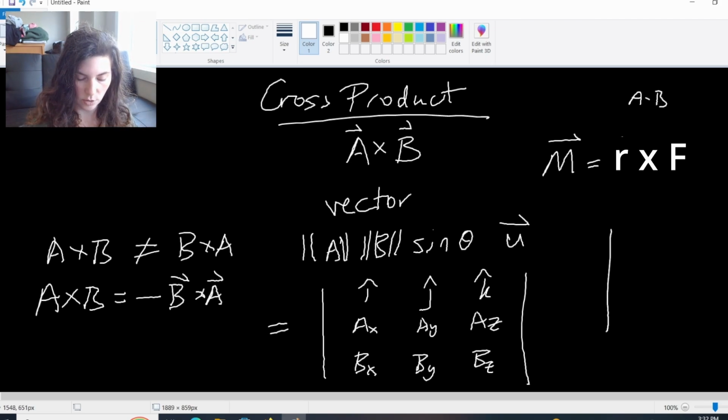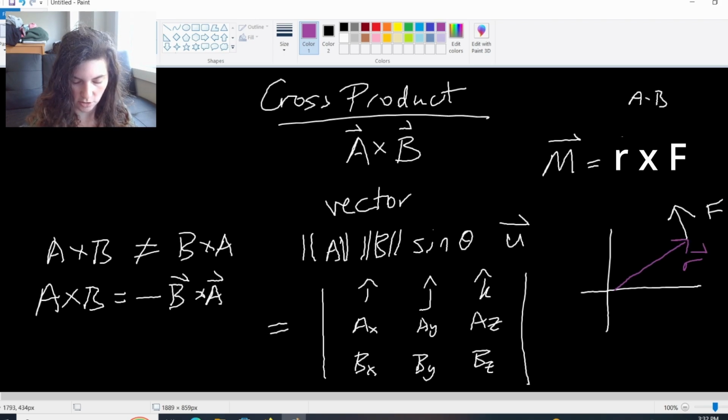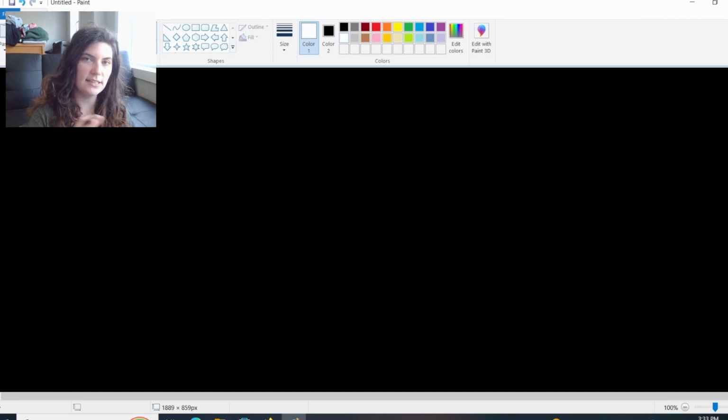Now we're saying anywhere in space that I have some kind of vector, I can find any vector r. It doesn't have to be perpendicular. I can find the vector r, and I can do the cross product of f crossed with r to find my moment vector.